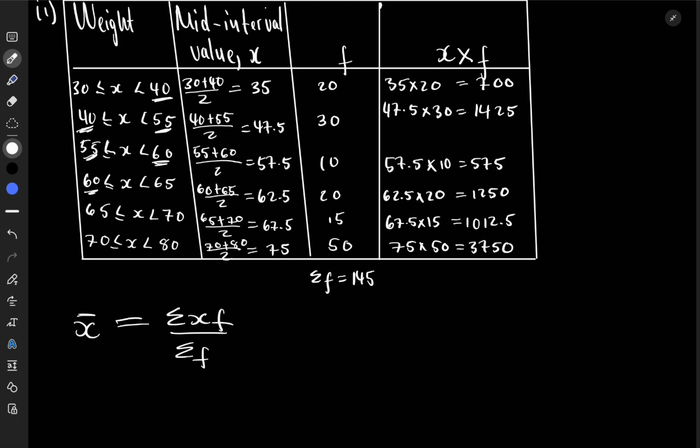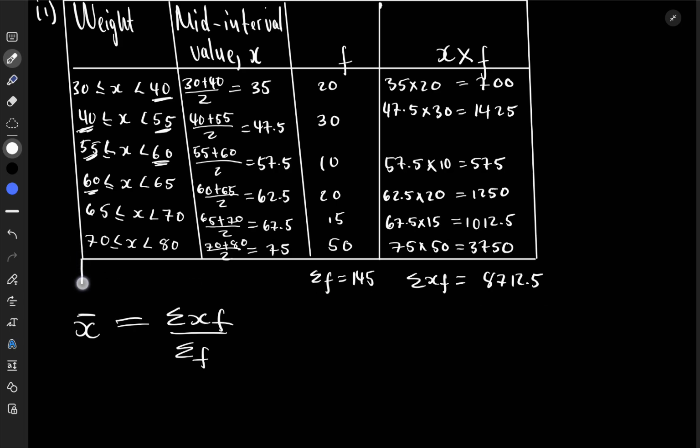Here we have 700 plus 1425 plus 575 plus 1250, then plus 1012.5, then plus 3750. This gives us 8712.5. The summation of XF is now 8712.5.